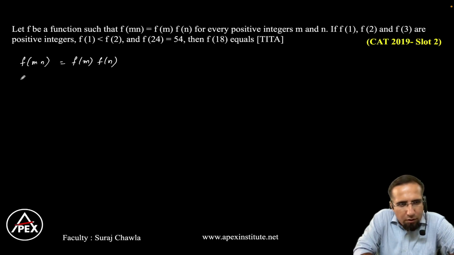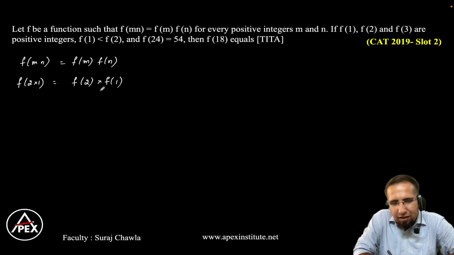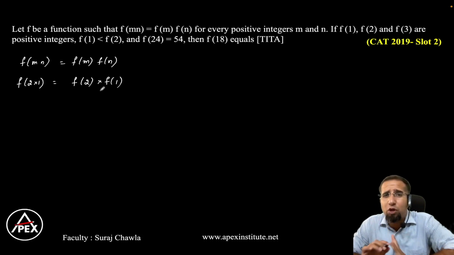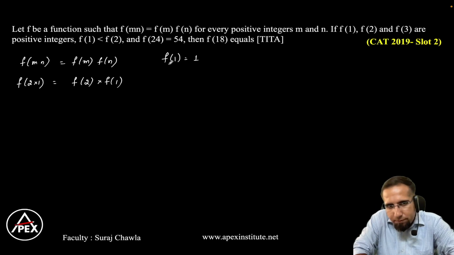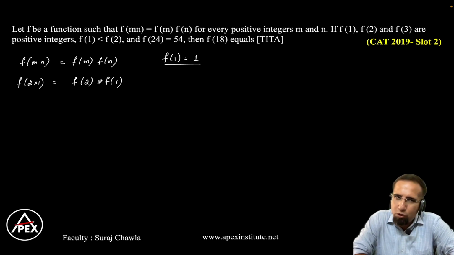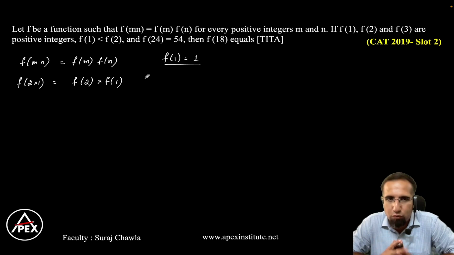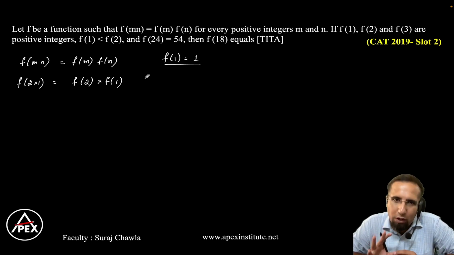Now let's try to understand. f of 2 into 1, that is f of 2, which is equal to f of 2 into f of 1. How is that possible? That is only possible if f of 1 is equal to 1. Clear? So first conclusion that we can have is f of 1 is equal to 1.